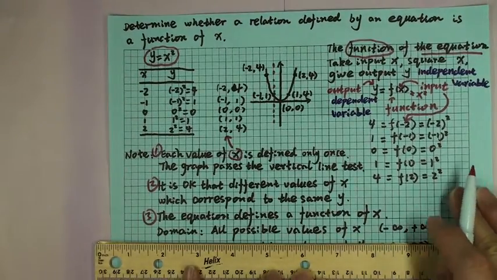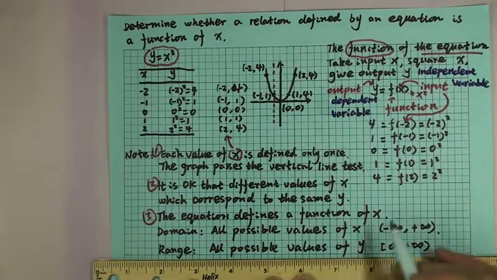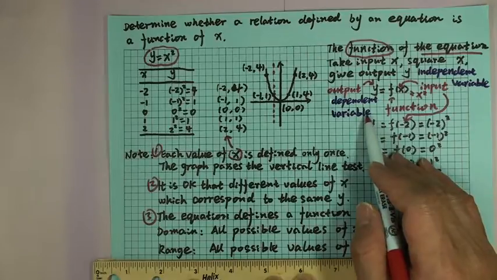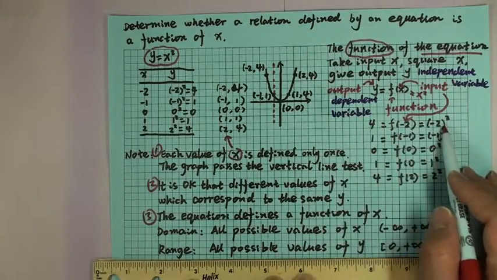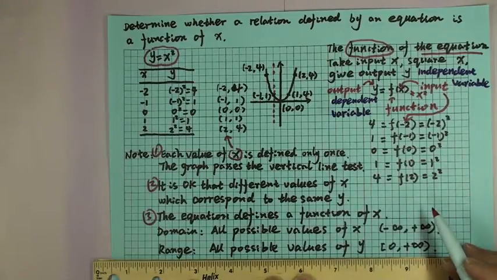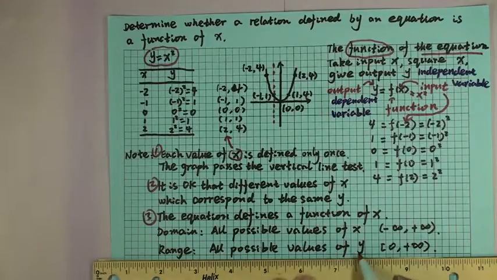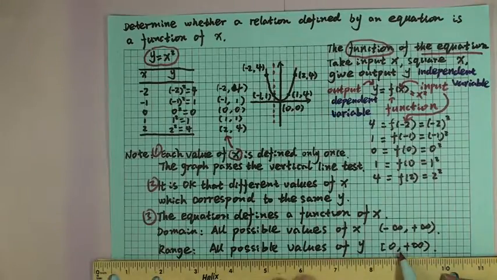That's all the possible values for x. But for y, that depends on x. You see, any value you put in there, you always get a non-negative result. You can never get negative. That's why we say all possible values of y is from 0 to positive infinity, and 0 is included, so we use a square bracket to indicate 0 is included.